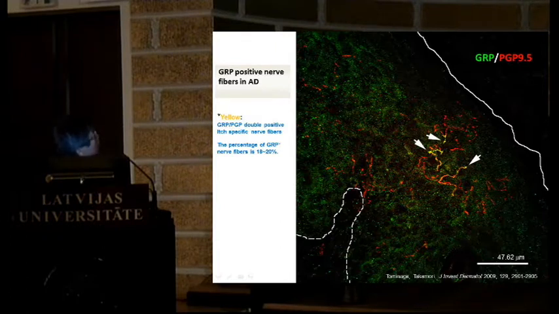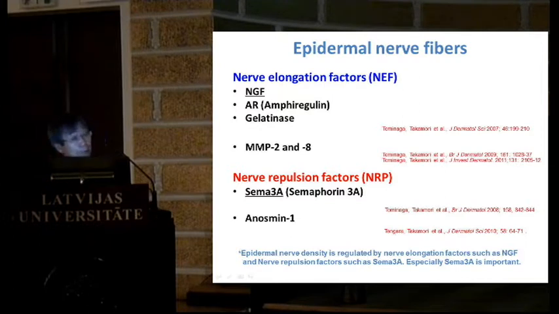The percentage of GRP positive nerve fibers is 18 to 20%. Epidermal nerve density is regulated by nerve elongation factors such as NGF, amphiregulin, and gelatinase, and epidermal nerve repulsion factors such as semaphorin 3A and anosmin 1. Out of these factors, NGF and semaphorin 3A are most important for the regulation of epidermal nerve densities.